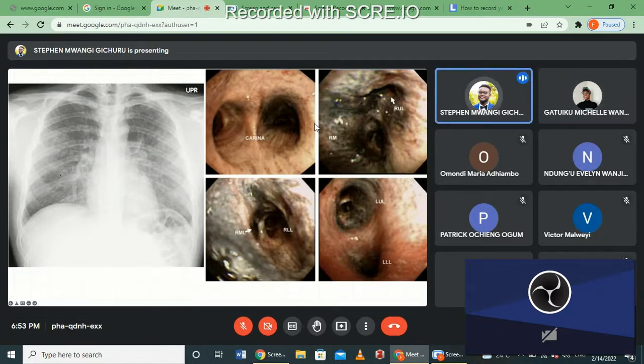In the lung fields, I think you can see some opacifications, just diffusely across the entire lung fields, both left and right, especially in the middle lung zones.